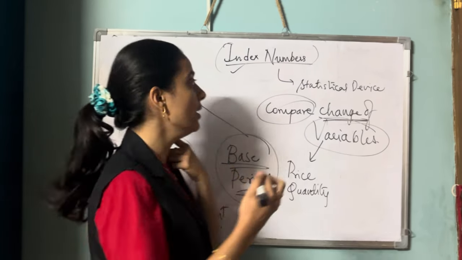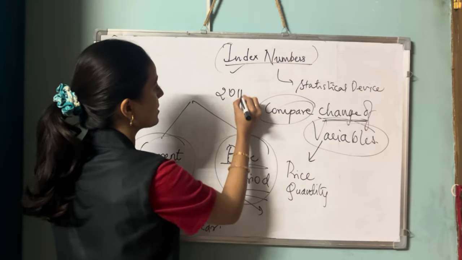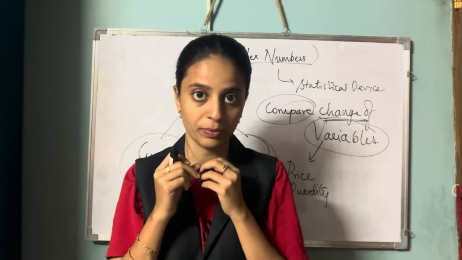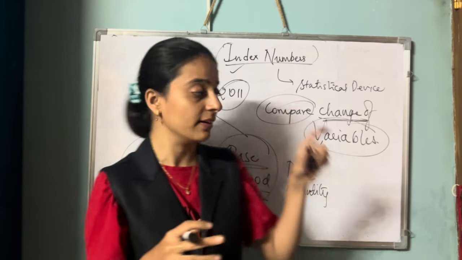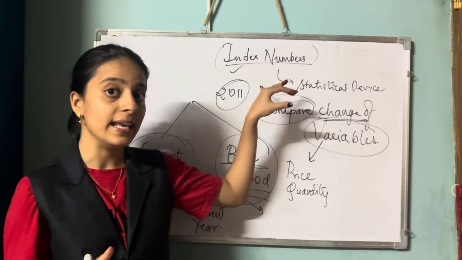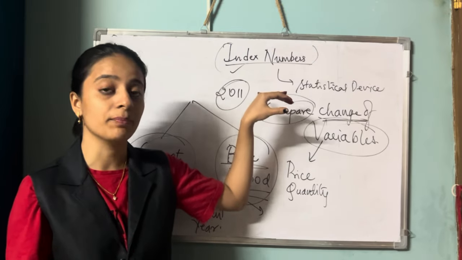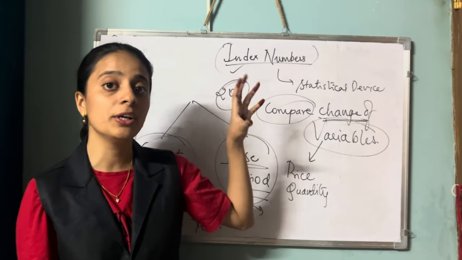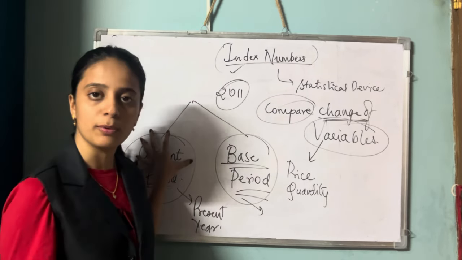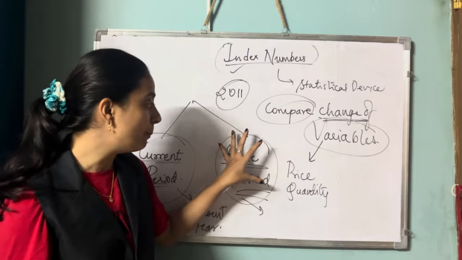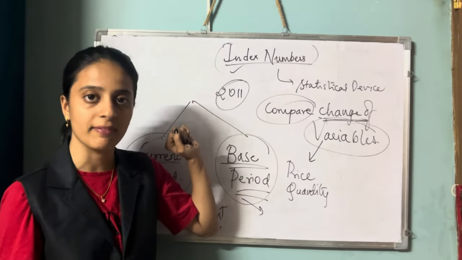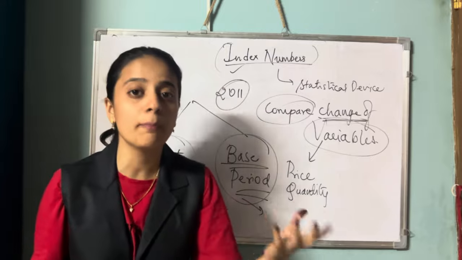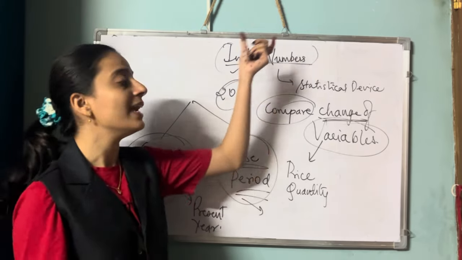For example, in 2011 there was a census conducted on the basis of population. How much is the population of the year 2011? Now, if we want to compare the population of 2025, how will we do it? We will collect the population of 2025. We will compare it with the population of 2011. That is nothing but the comparison that is only possible when we study index numbers.